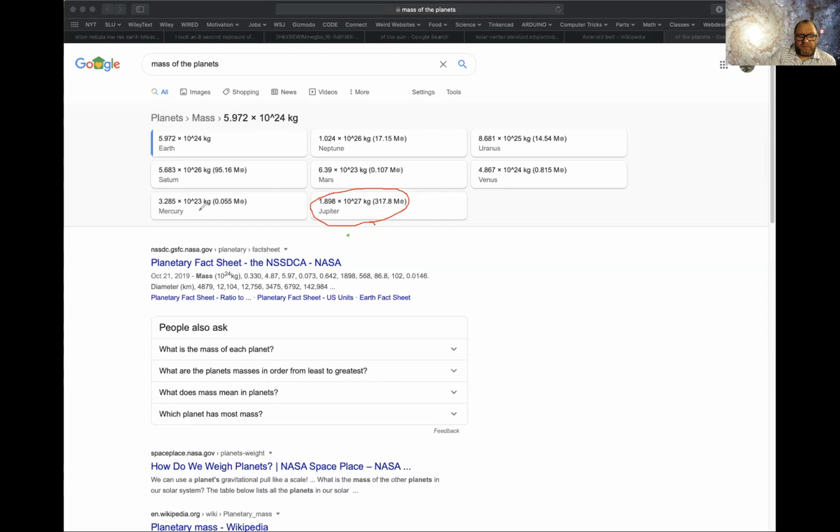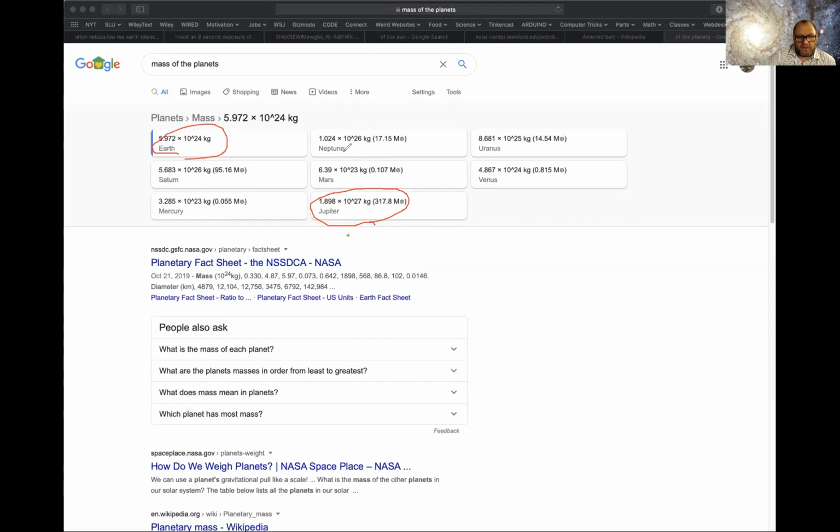If we go over here to Mercury, Mercury is 10 to the 23 kilograms. The Sun barely moves. Mars, 6.3 times 10 to the 23. Earth is a little bit bigger, 6 times 10 to the 24 kilograms. We really don't have a big effect.